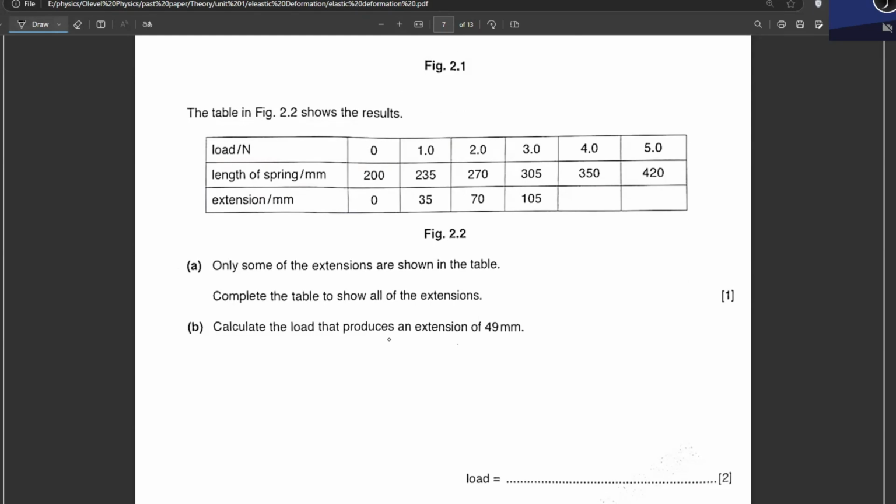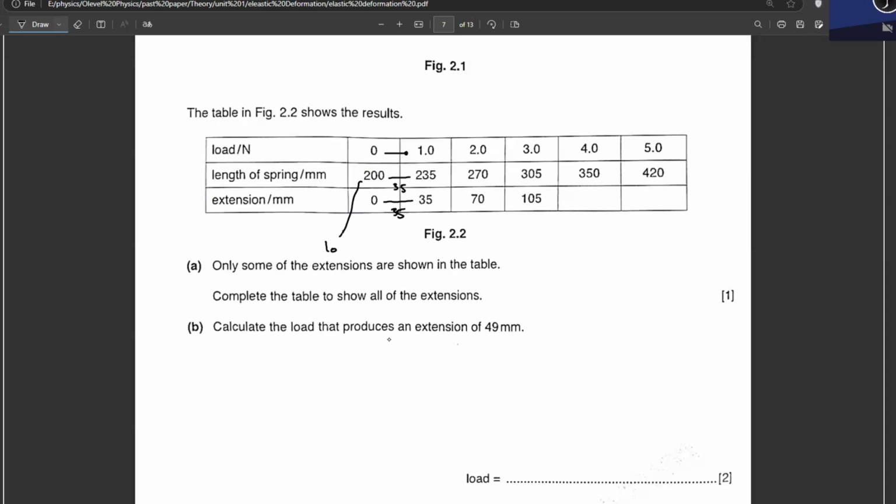The table in figure 2.2 shows the results. If you are increasing the load by 1 Newton, your extension increases by 35 millimeter. This is your unstretched length, or L naught. You have to complete the table.